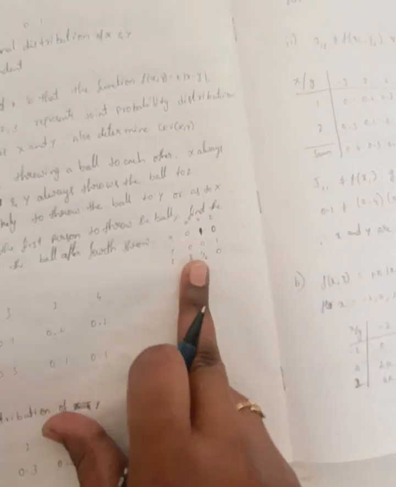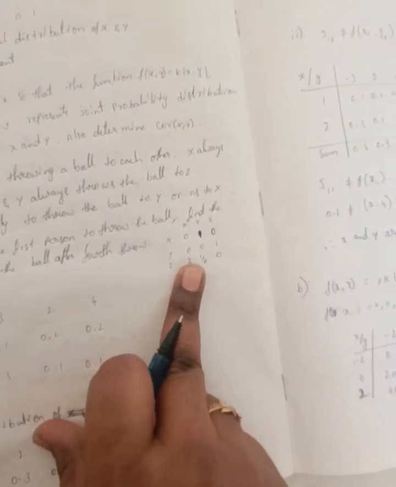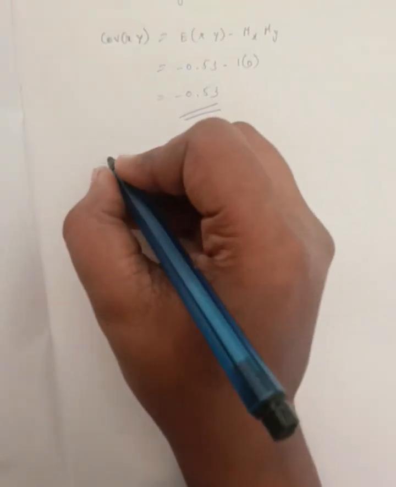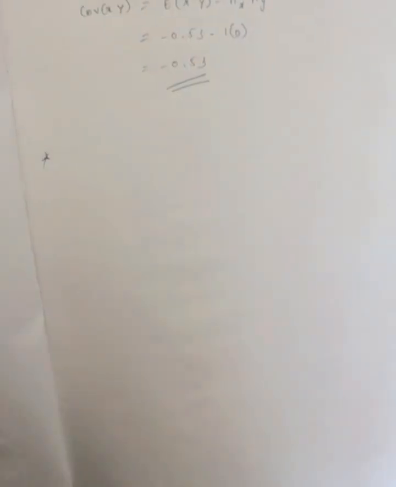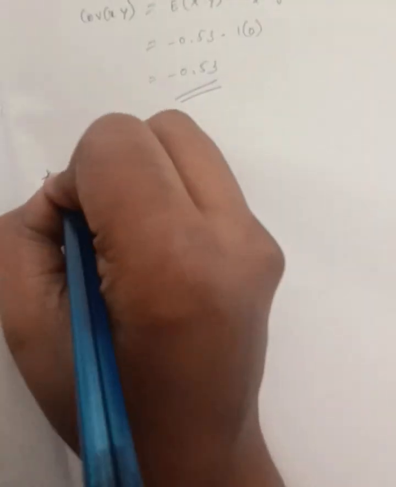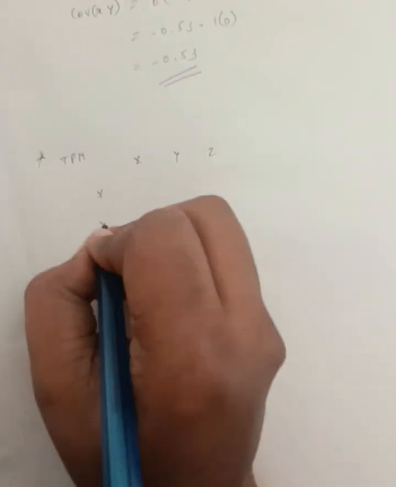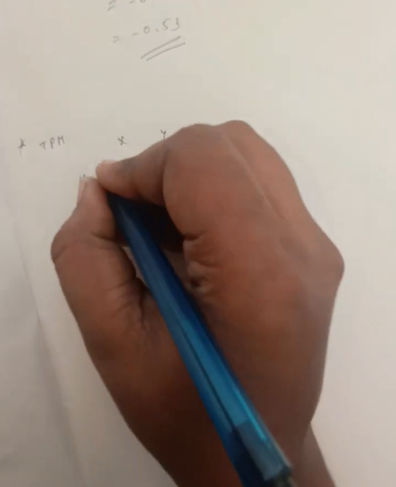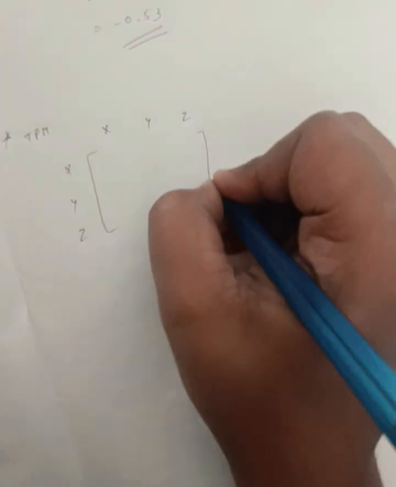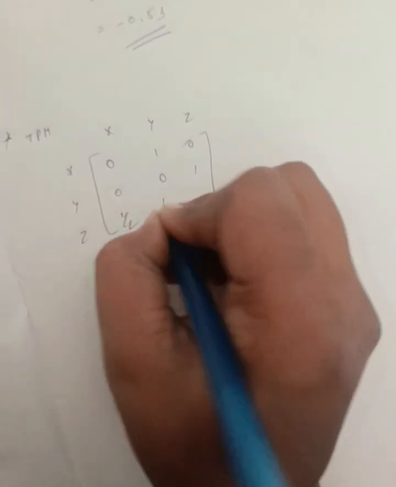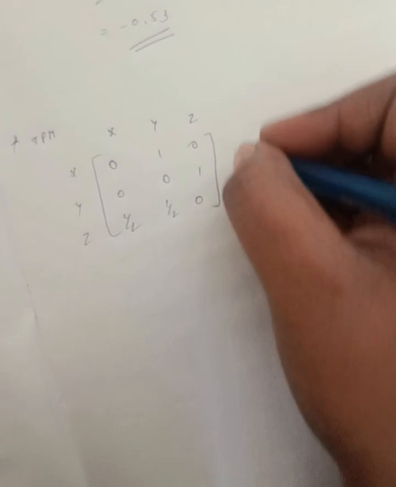This is the TPM, the transition probability matrix, with rows X, Y, Z: 0 1 0, 0 0 1, 1/2 1/2 0.